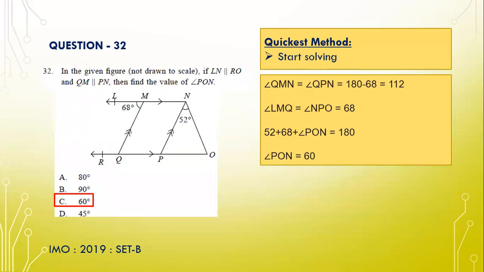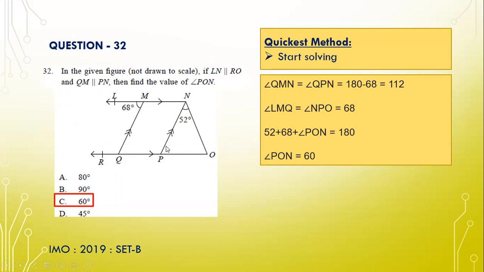In the given figure not drawn to scale, if LN is parallel to RO, and QM is parallel to PN, then find the value of PON, isn't it? Now again, this is an easy question. So if this angle is 68, what is this angle? This angle is 112. And these two angles are the same, isn't it? Alternate interior angles will be the same. So if this angle is 112, this angle also will be 112.